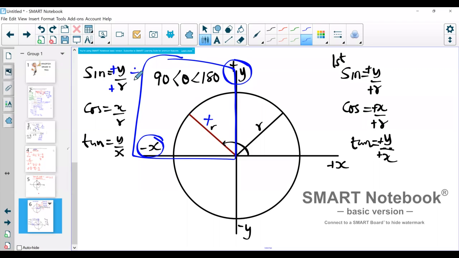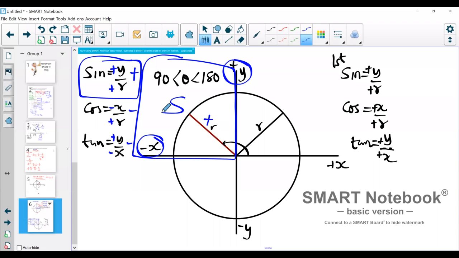Sine is plus. What about cos? Negative x over positive r, so cos is negative. What about tan? Positive over negative, that is negative. The only one that is positive is sine.